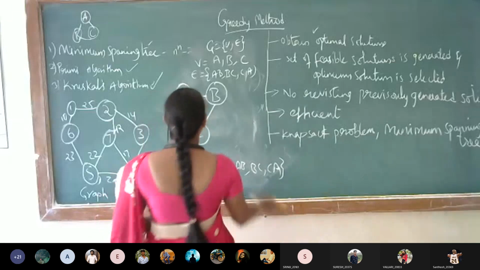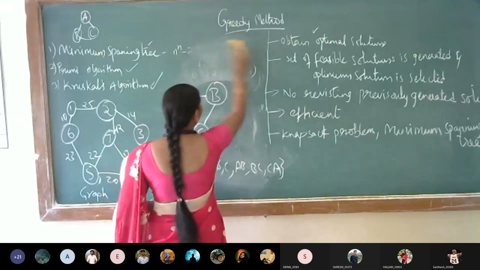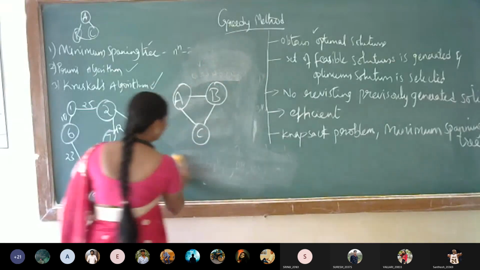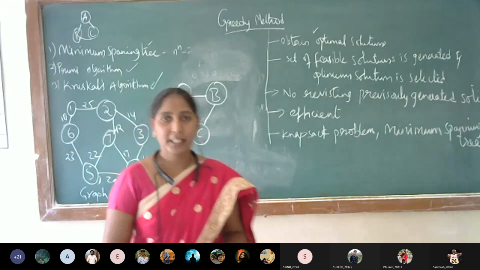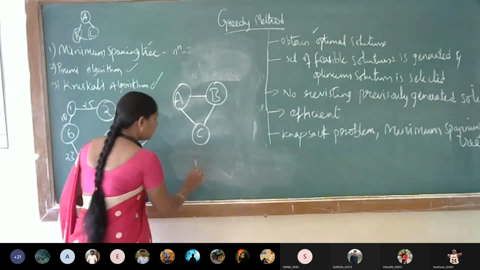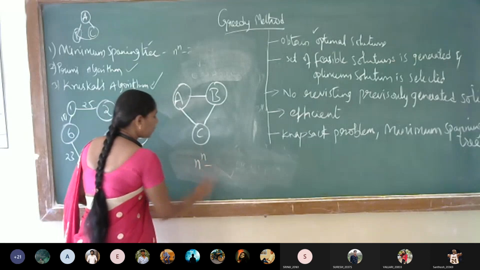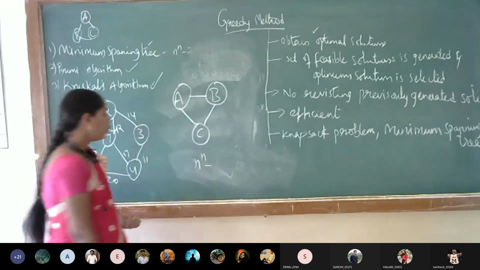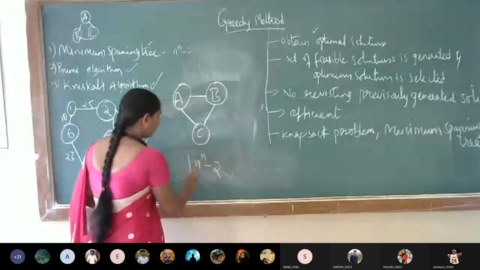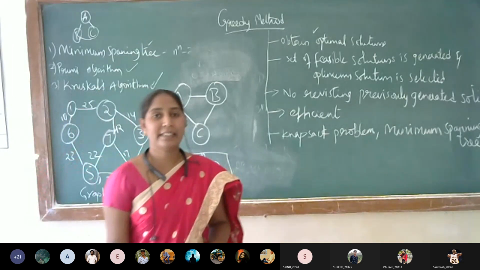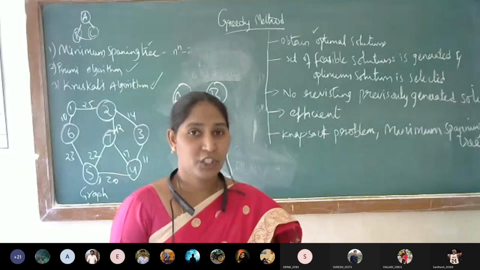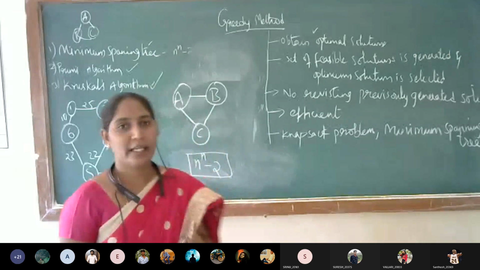Okay, to construct a spanning tree we will be following this particular formula, that is n to the power of n minus 2. That means how many spanning trees I can generate for one particular graph.